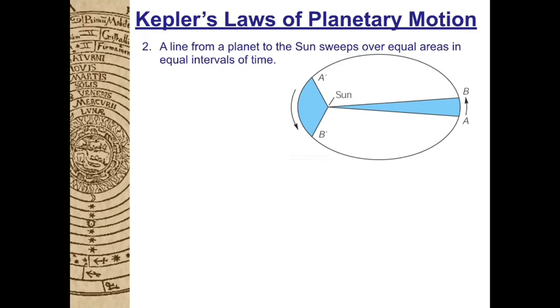And when it does that, the areas will be equal to each other. Which means that there will be times when the planet will be going faster, which is the side closer to the sun, and there's times where it will be moving slower, which is the furthest away from the sun. Again, because he discovers that the motion is no longer uniform, but it speeds up and it slows down.